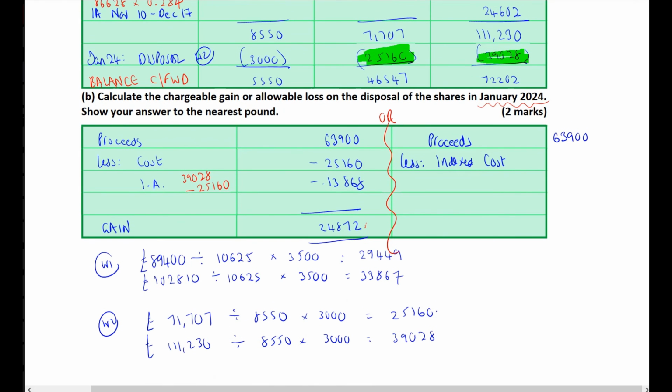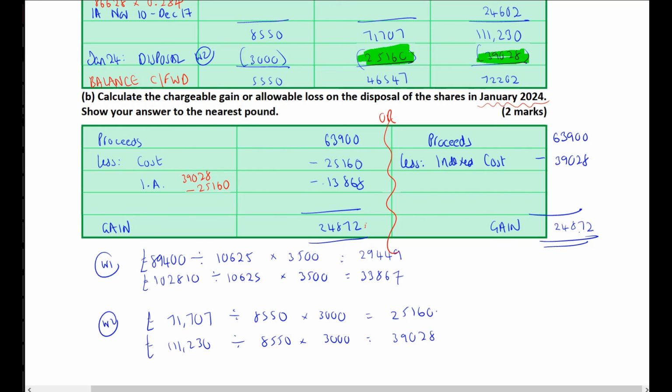So you'd take the full amount of 39,028 from the indexed cost column. And as long as the final answer is a gain, absolutely no issues with that method at all. So you may prefer the second one, of course, it is a little bit quicker. And as long as you've got a gain at the end, this method works 100% of the time.